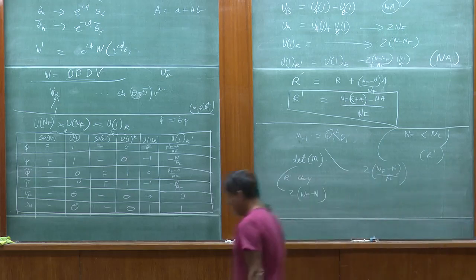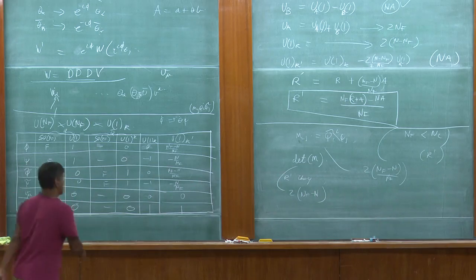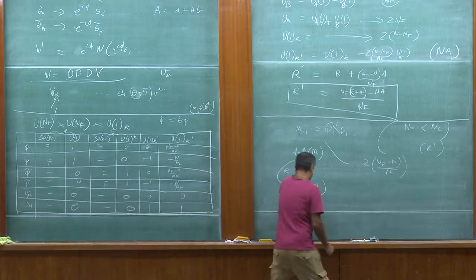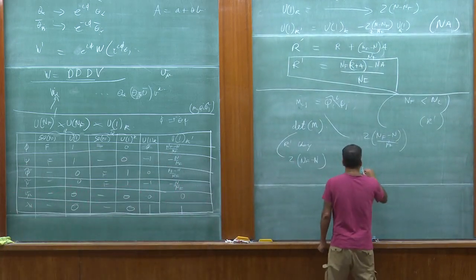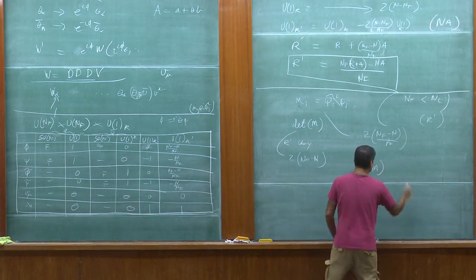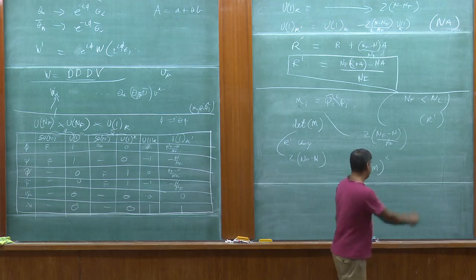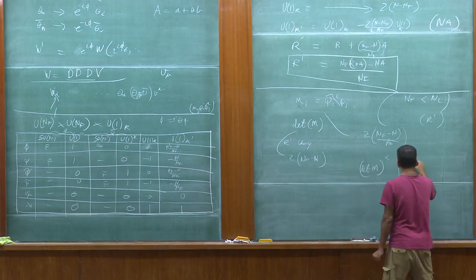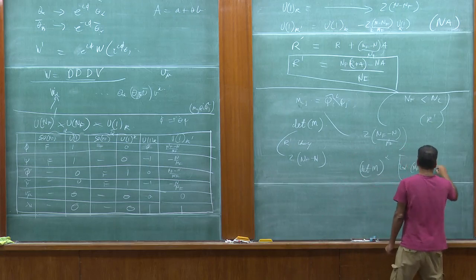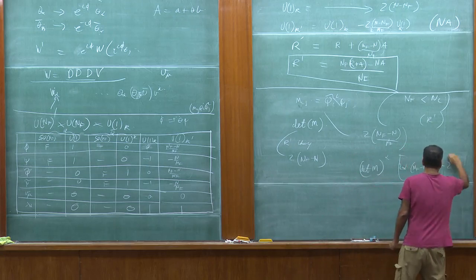So if we take det M to the power alpha, then we need that alpha times 2 times (Nf minus N), plus minus 2, is equal to 0.